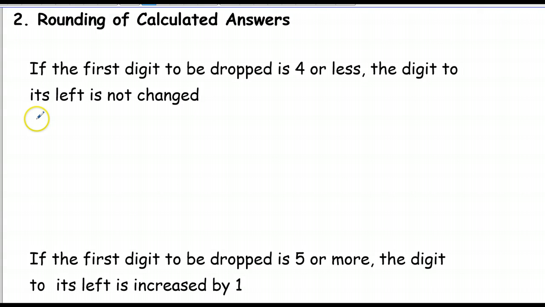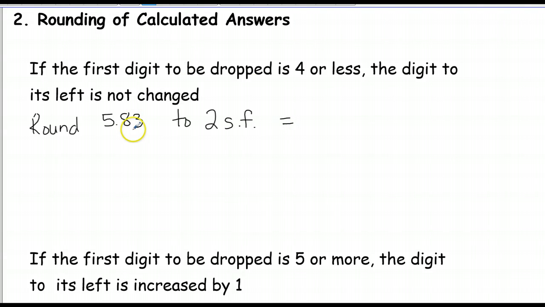You may be asked to round 5.83 to 2 significant figures. Well, 5.83 is 1, 2, 3 significant figures, but we need to round it to 2 significant figures. This is where we're eventually leading up to.